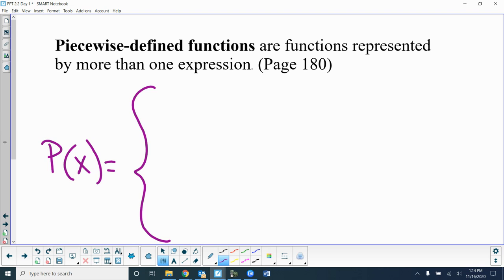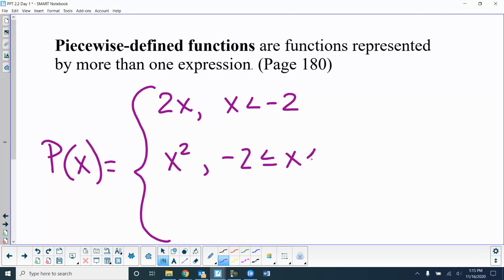Okay? And for this example, P of X equals 2X when X is less than negative 2. P of X equals X squared when X is greater than or equal to negative 2, but less than 1.